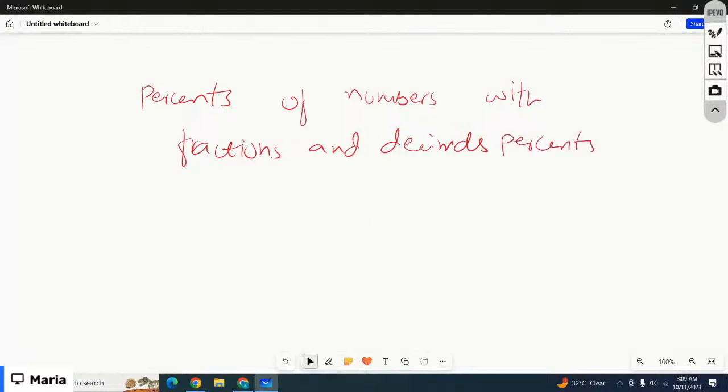Okay, so how do we find percent of a number? Basically, we're going to learn how do we find the percentage of a number.